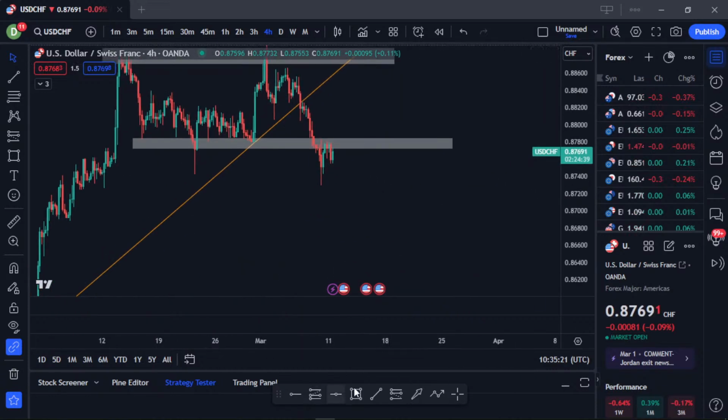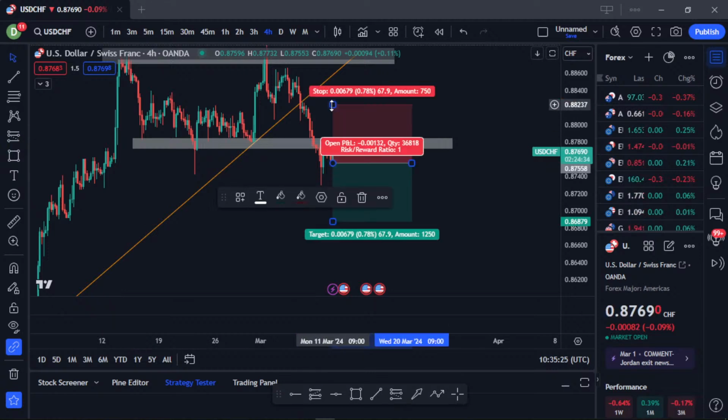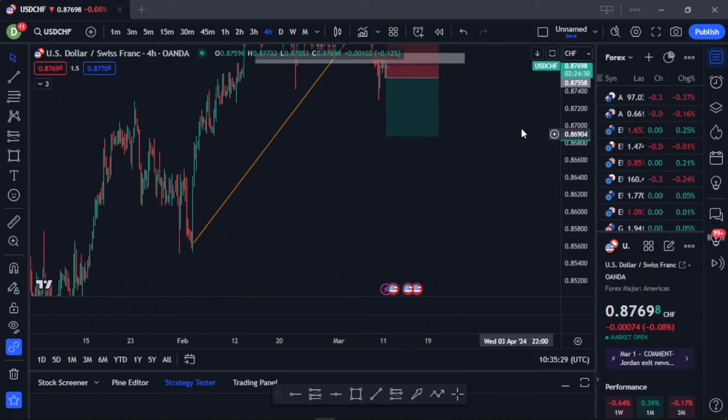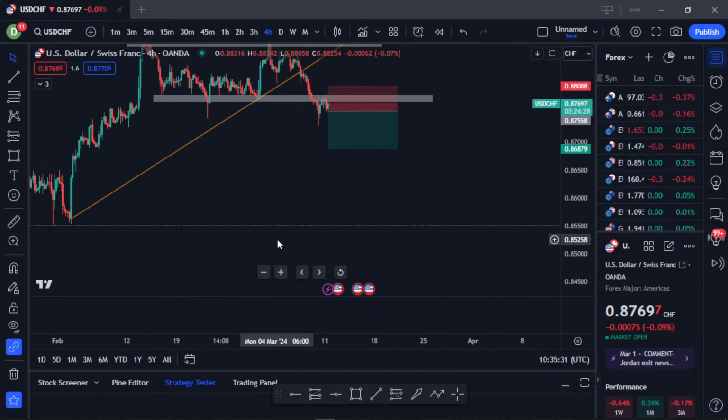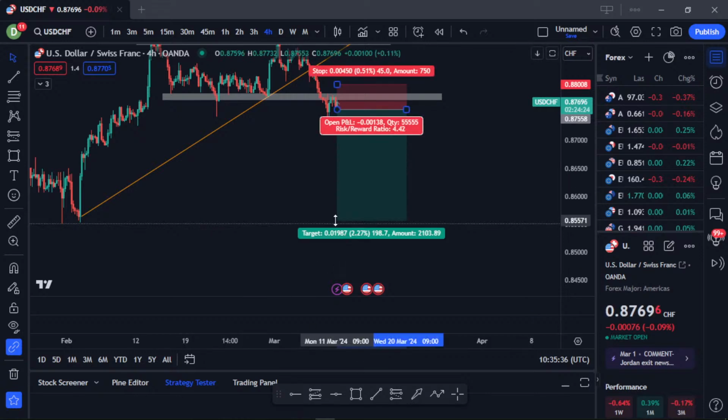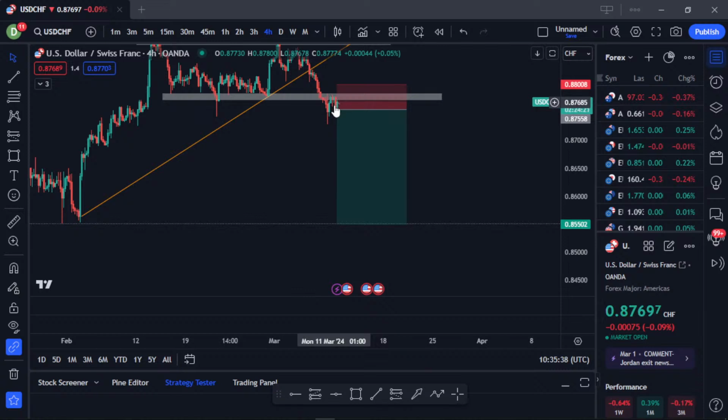So let me just give you everything on the 4 hour time frame on USD-CHF. My stop loss will be here, with my take profit at this point here.